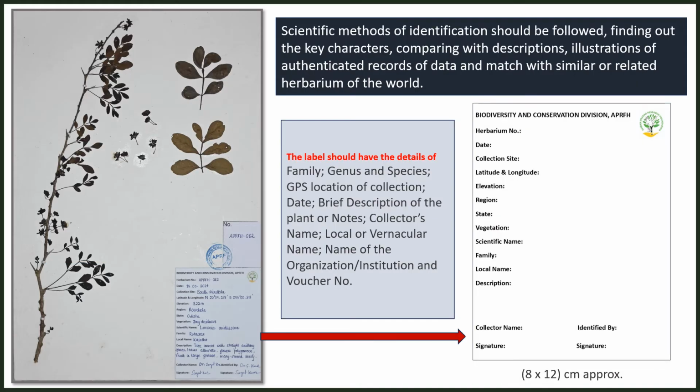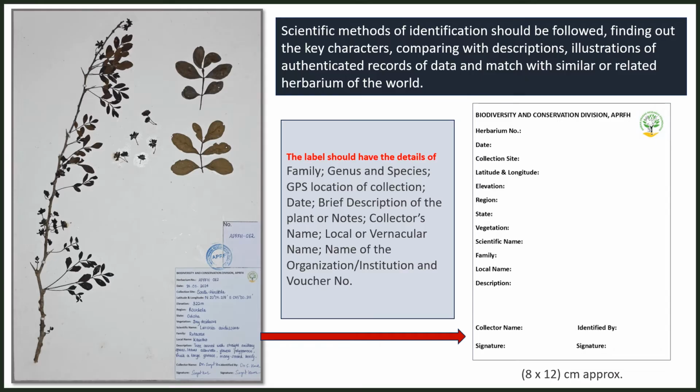Okay, so let's talk about the label that I mentioned earlier. The label is to be attached at the lower right hand side of the herbarium sheet, or the mounting sheet.